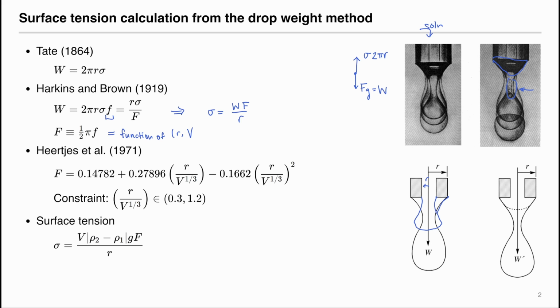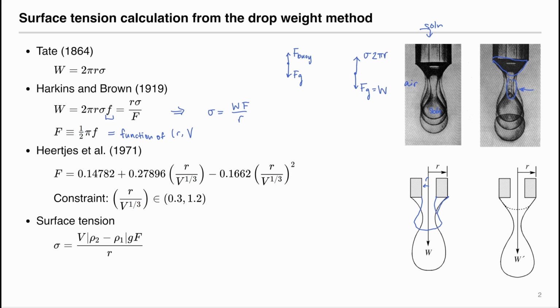And the weight of the droplet, you should think about it again. What is the actual weight of the droplet? The weight of the droplet is the gravitational force of the droplet, but it is also counterbalanced by a buoyancy force. In this case, the outer medium is air and the solution is the droplet. The buoyancy of the air can usually be neglected.